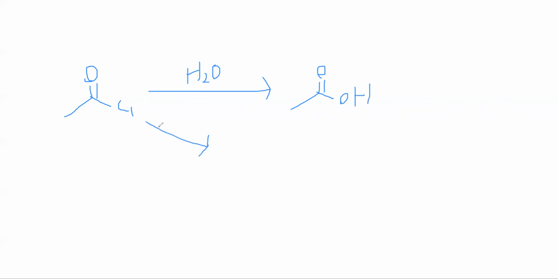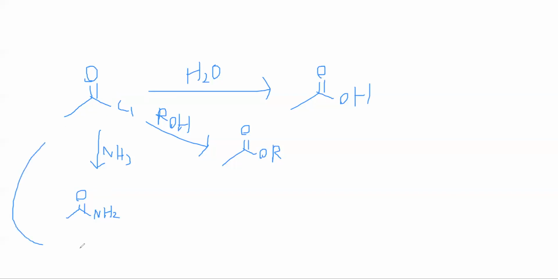If you add an alcohol to them, you will get an ester. If you add an amine to them, you'll get an amide. And if you add a carboxylate, which looks like this, it's a deprotonated carboxylic acid, you'll get an acid anhydride.